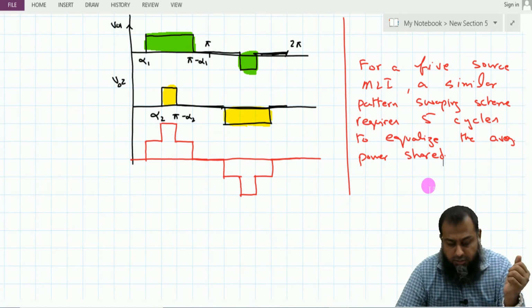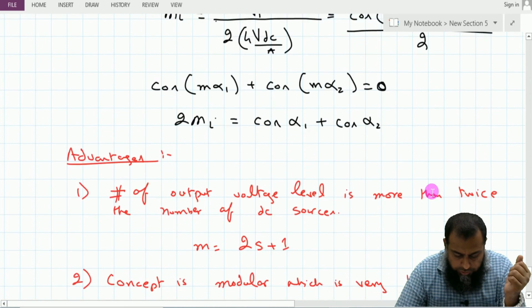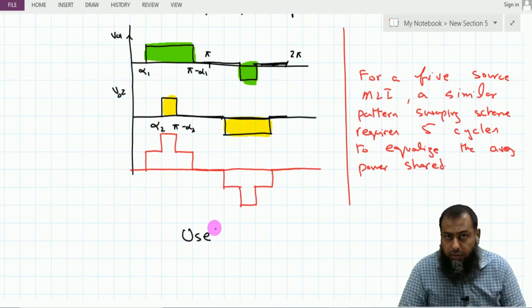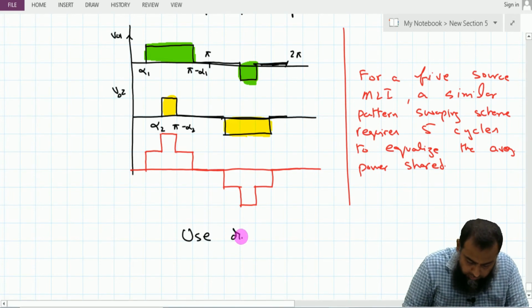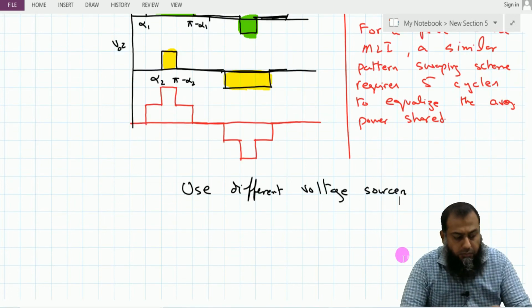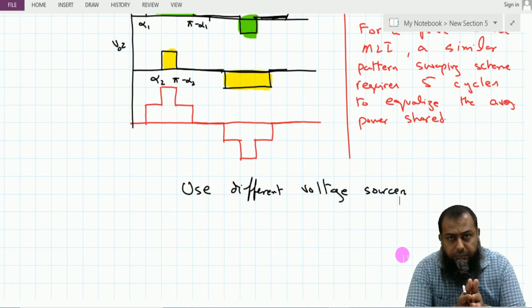There is another method available as well. That is, we use voltage sources with different values. So use different voltage source amplitudes rather than the same values. Now the output voltage could still be a staircase, but the voltage levels will not be of uniform increments.